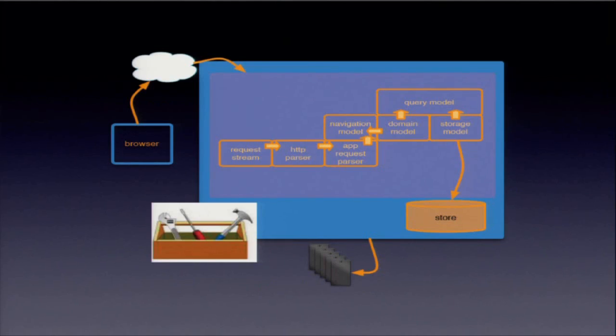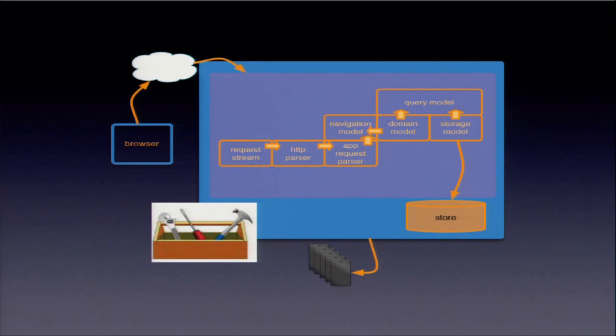Okay, so I like to always carry a map in my head. This is the map I have for this series of videos, a map of a standard application. You have some user clicking on a browser which issues requests through the cloud, so you have some kind of request stream. You have an HTTP parser, which ultimately turns into parsing requests at the application level.